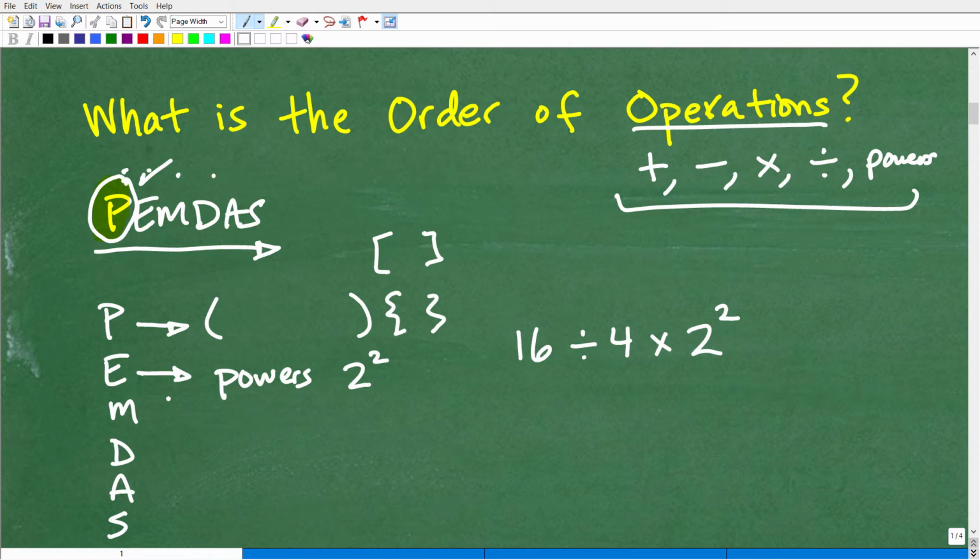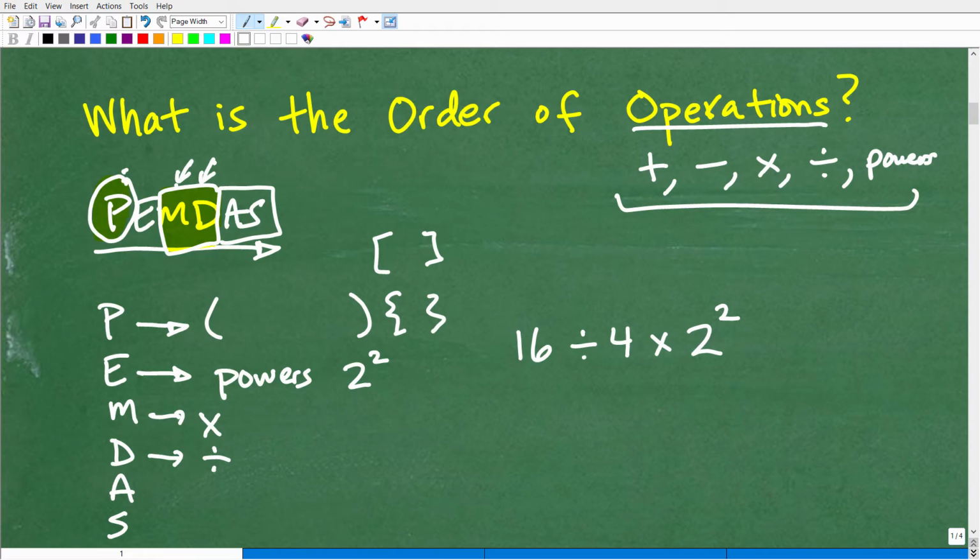Now, M and D, this is where I would say the majority of students get confused. M and D right here is like one step, and A and S is like another step. M stands for multiplication, and D stands for division. But here's what students think. They think that you must do multiplication always, always before you do division.